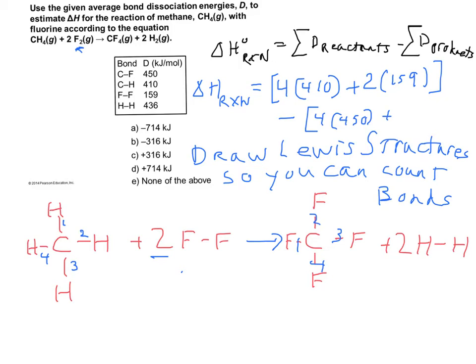Plus 2 hydrogen-hydrogen bonds, right? The hydrogen molecule has 1 bond and we have 2 molecules. So 2 hydrogen-hydrogen bonds at 436 each. Close parentheses.